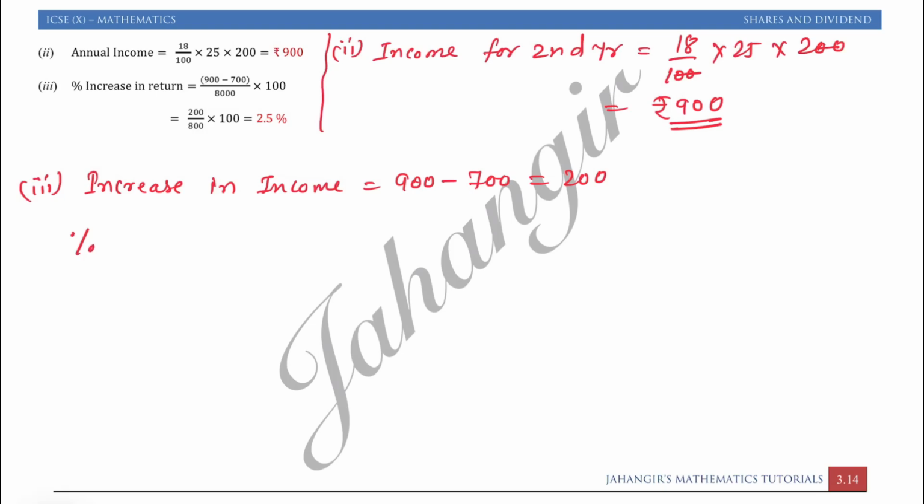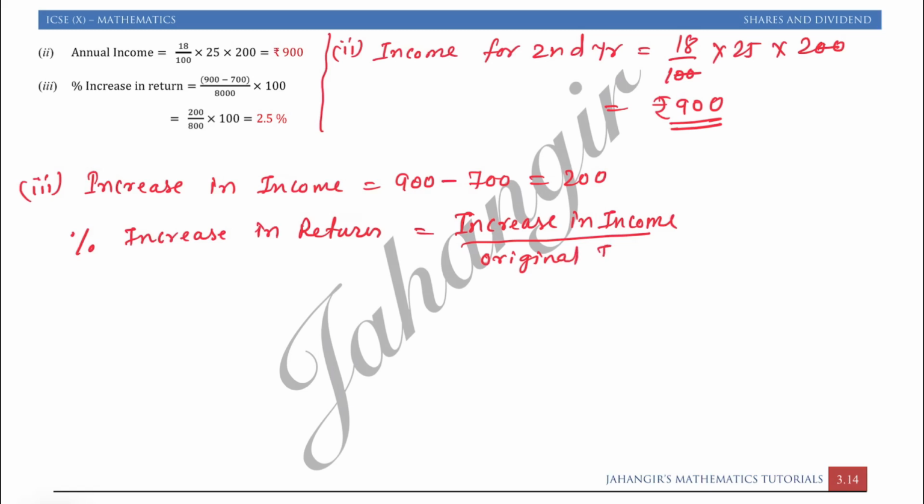So we have to find the percentage increase in return, that is, increase in income upon original investment into 100. I will just write a formula: increase in income upon original investment into 100.